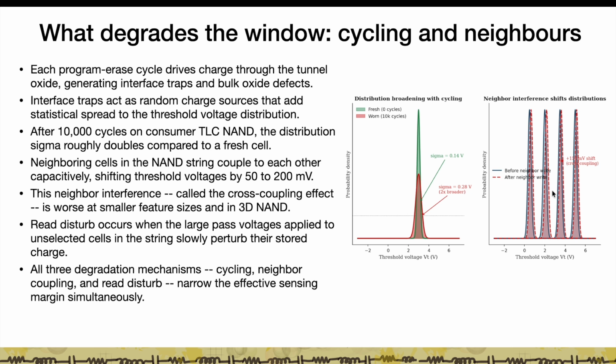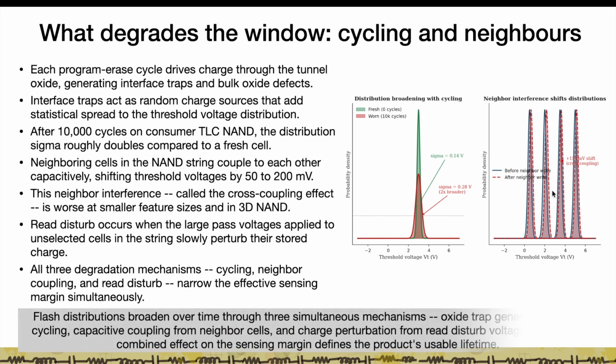The crimson distributions show the same states after each one has shifted upwards by roughly 100 to 150 millivolts. The shift is not a random error, it's a systematic displacement of the entire distribution. It can be partially compensated by reading the neighboring cell state and applying a correction, which is what modern NAND controllers do. But the correction requires additional read operations and adds latency.